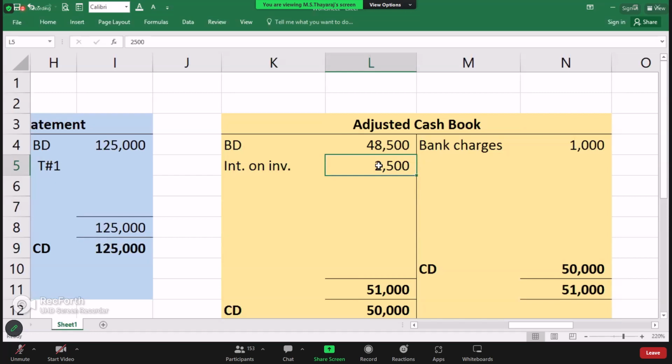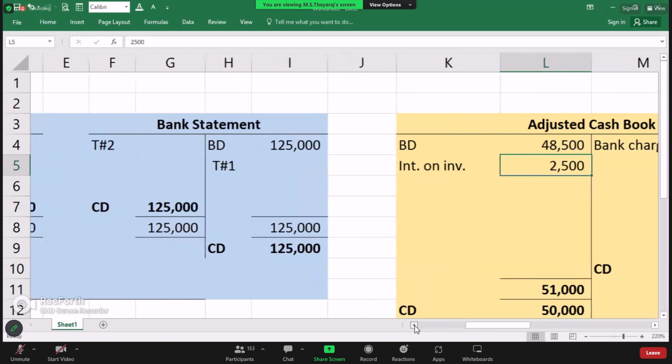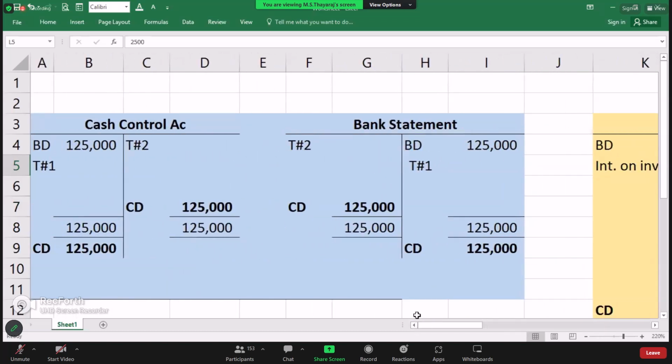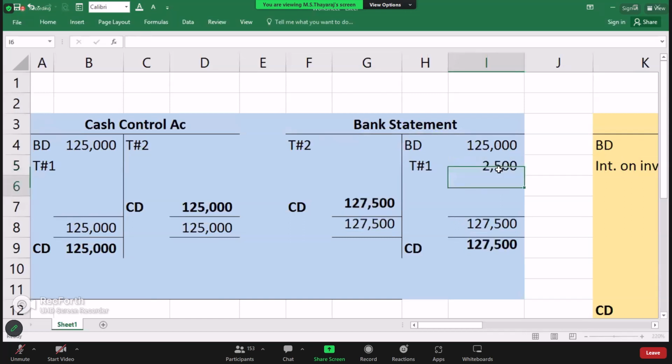Next one, the wrong credit of 2,500 by the bank statement. So the bank made a mistake. Wrong credit means they credited our bank 2,500. What will happen? Our opening balance will be 125 in the bank statement, wrongly credited without our concern.